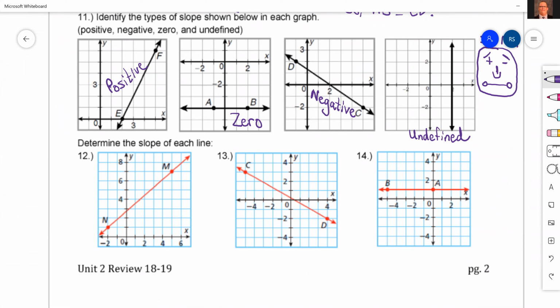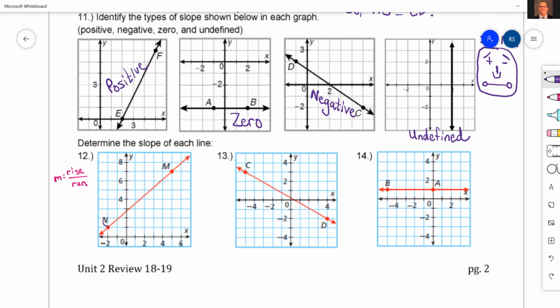Now the next three are where we're actually going to find the slope. Remember that all slope is rise over run, and we have to read left to right, which means we have to start at the left side and go over to the right. So what did I do to get from N to M?